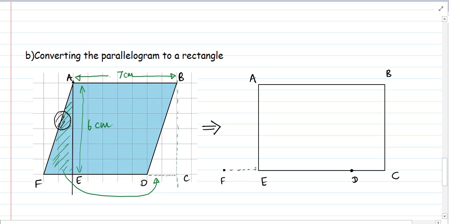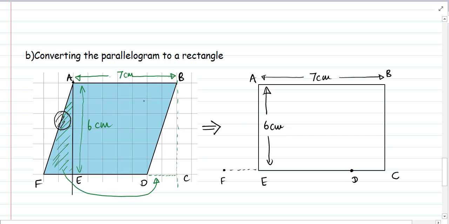We don't need that right now. Now you can see I have filled this space, 2D space here. So let's calculate the length. Length AB is 7 centimeters. The distance between these 2 points is 6 centimeters, which means the perpendicular height, right?